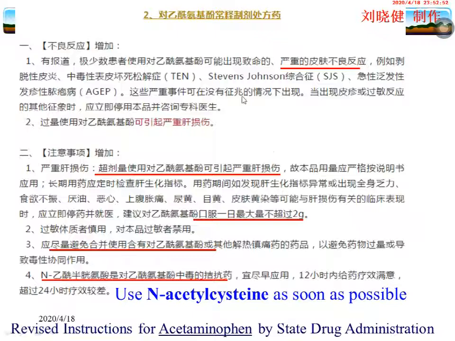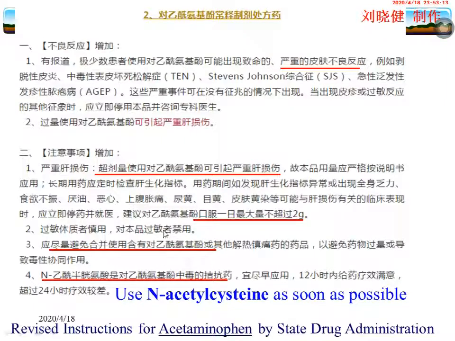This drug can induce serious adverse effects on skin, allergic reactions. And when it is used in overdose, it also induces serious hepatic injury.